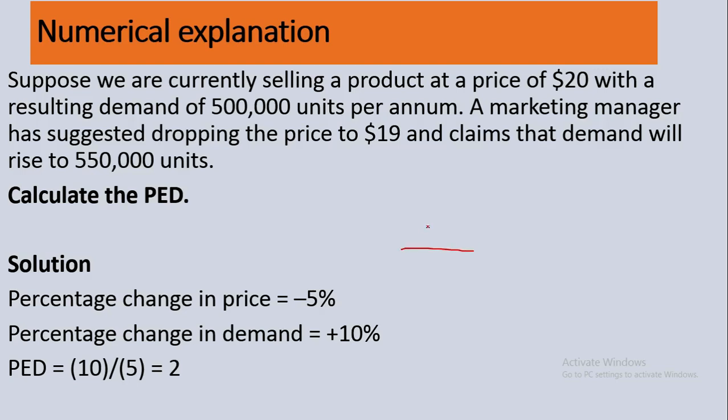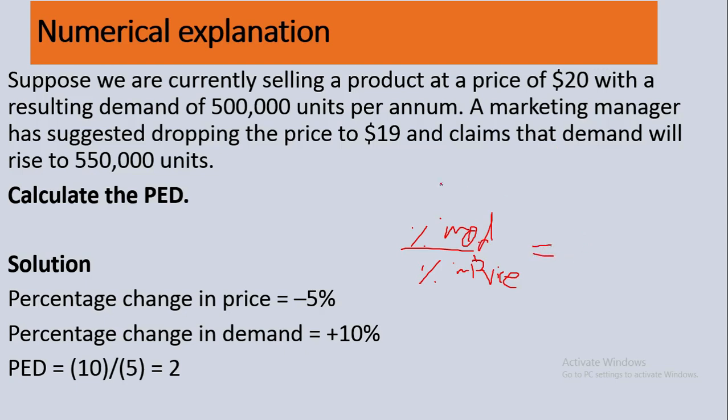It was percentage change in quantity demanded divided by percentage change in price, right? So first, what is the percentage change in quantity demanded?